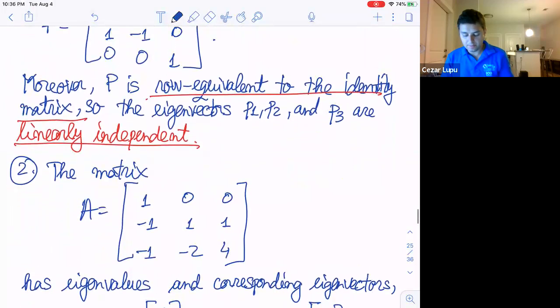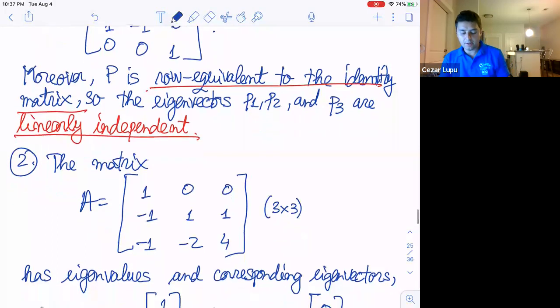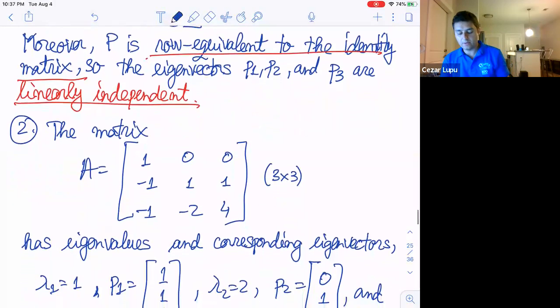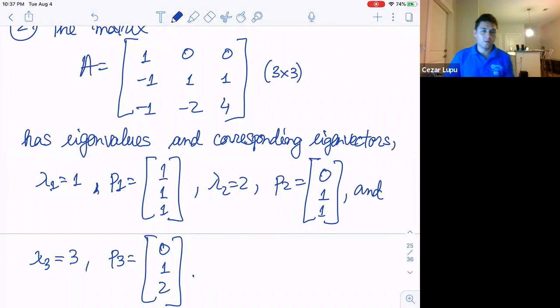Now let's see the second example. Let's look again at this 3 by 3 matrix given by 1, 0, 0, negative 1, 1, 1, and the entries on the third row are given by negative 1, negative 2, and 4. Again, we have seen that this matrix A has eigenvalues and corresponding eigenvectors given by the following. Lambda 1 equals 1, and its corresponding eigenvector is P1.